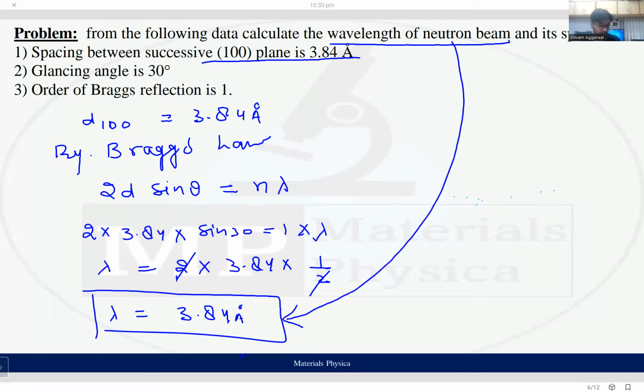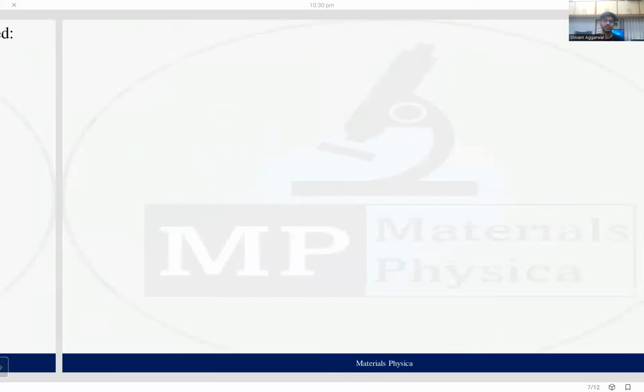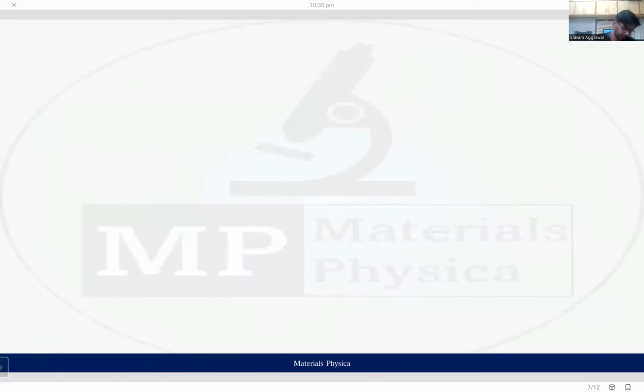So the first part is done. Now we have to calculate its speed, and we know this is a neutron, so it has a mass also, and the mass of the neutron is 1.67 into 10 to the power minus 27 kg.